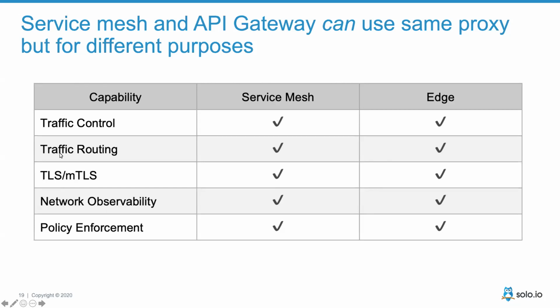The service mesh is really good at encrypting the traffic between services. So between two services, we can get a TLS, or a mutual TLS, between the different services, so that traffic can't be snooped on and so forth.